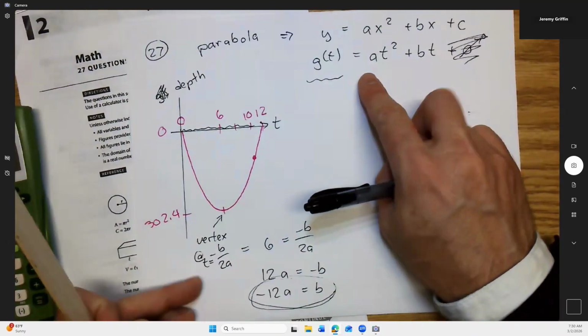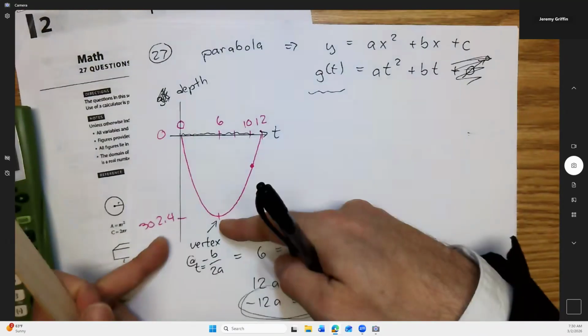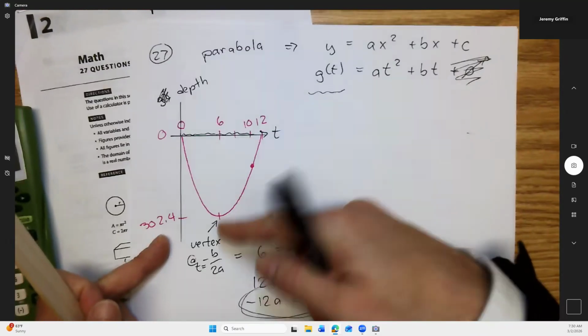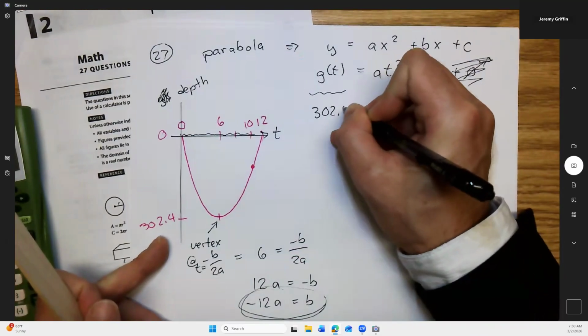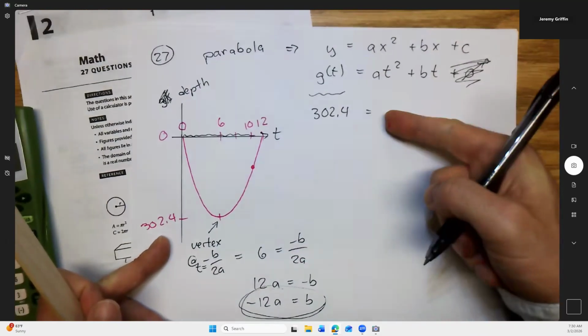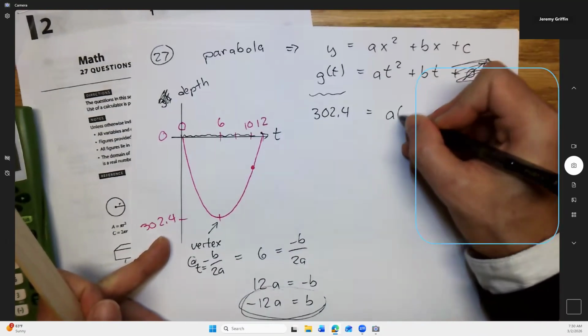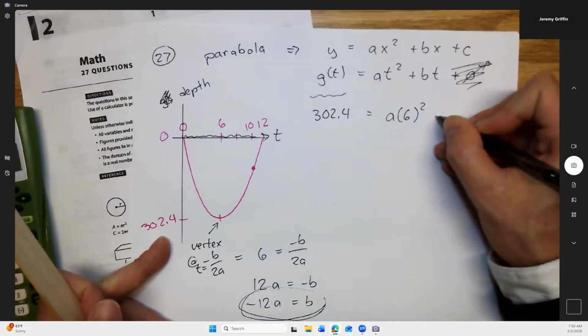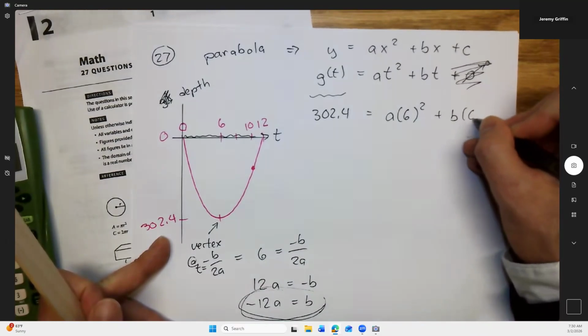What else do I know? I know that the maximum depth is 302.4, at the time 6 minutes. So it would be a times 6 squared, plus b times 6.